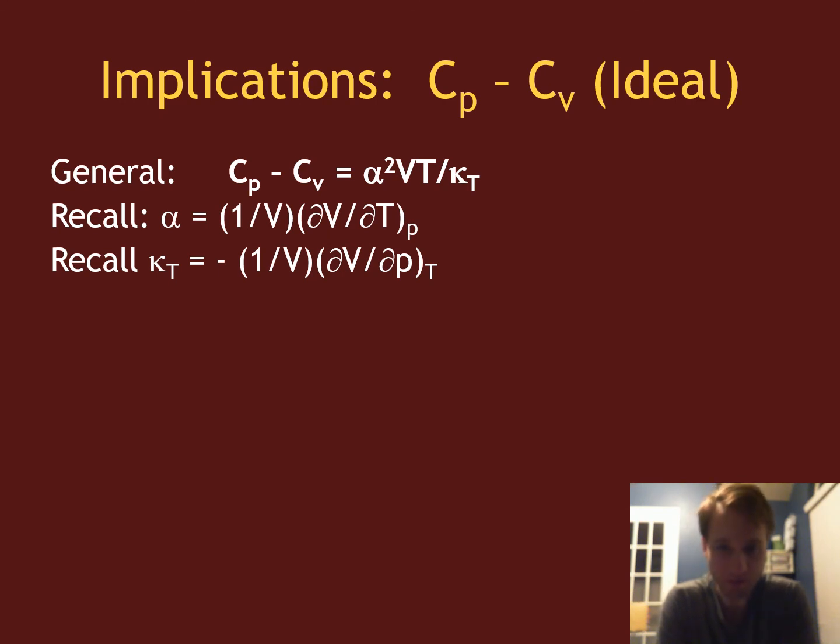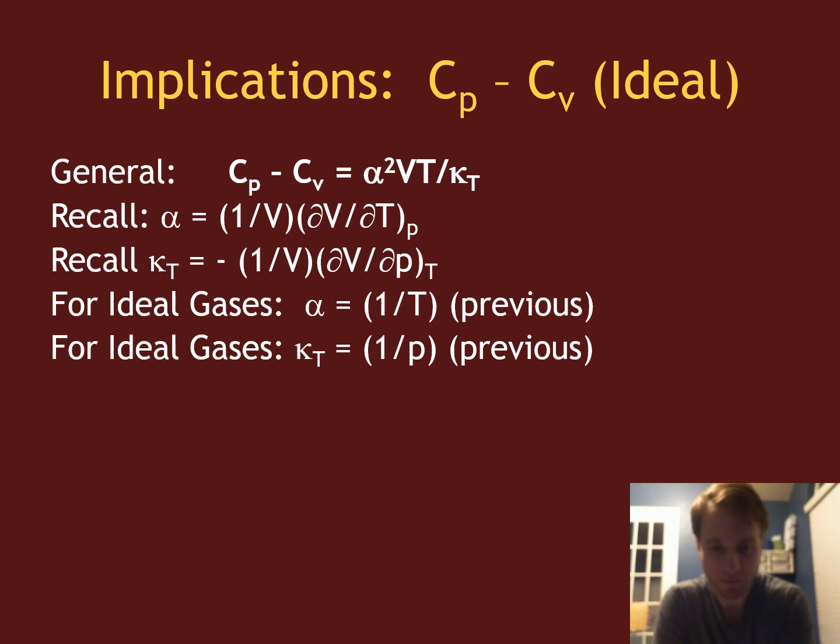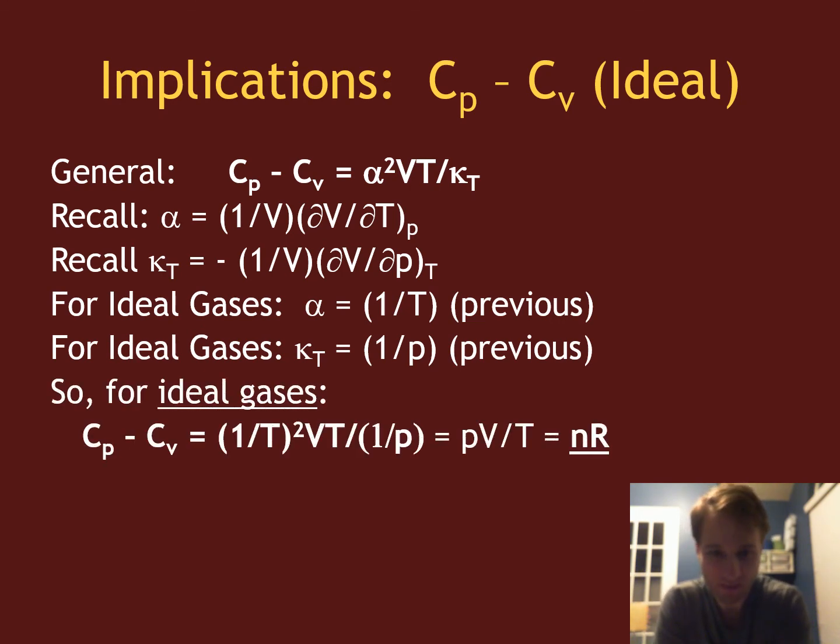Now, for an ideal gas, if we recall what the expansion coefficient and isothermal compressibility are, that they're 1 over temperature and 1 over pressure, we can just plug that in to get our relationship that CP minus CV is just equal to NR.